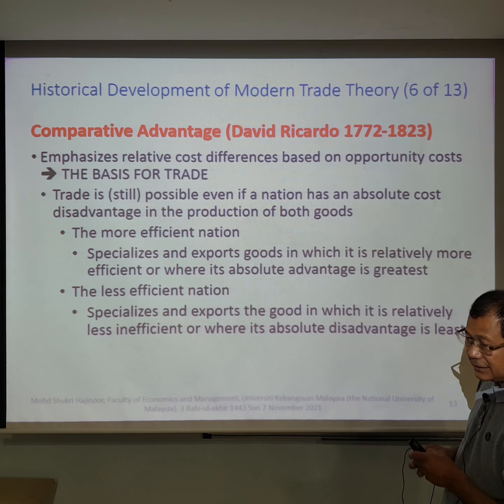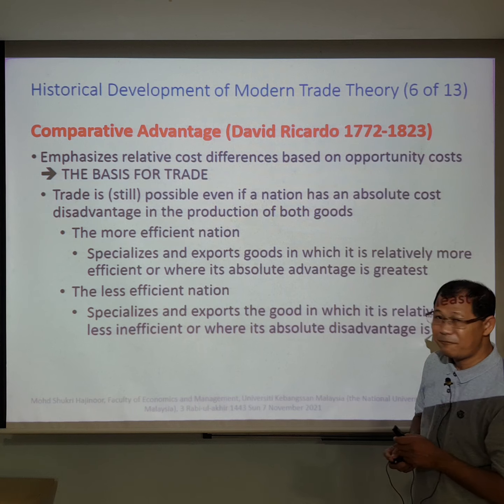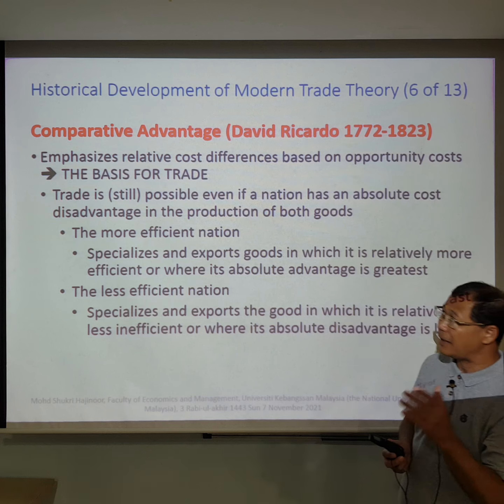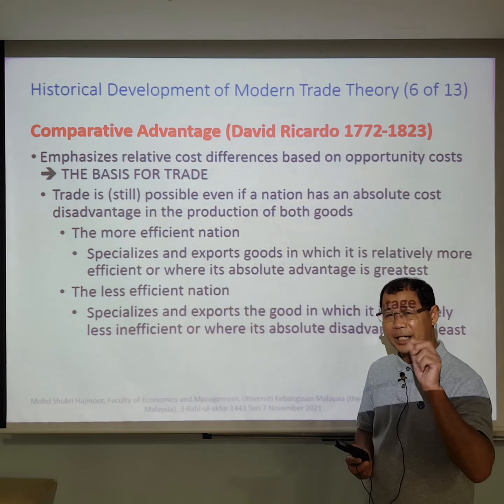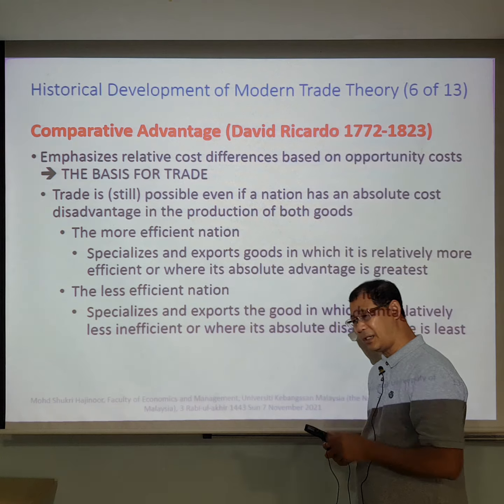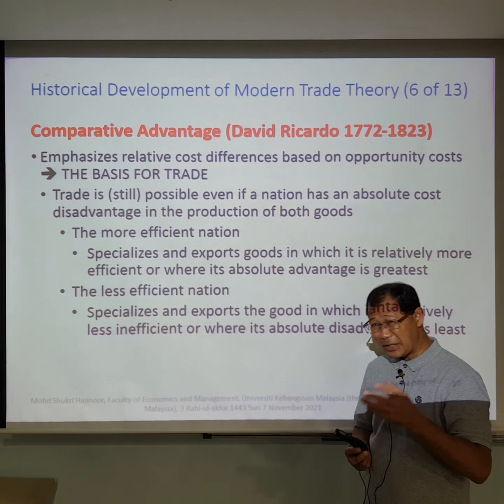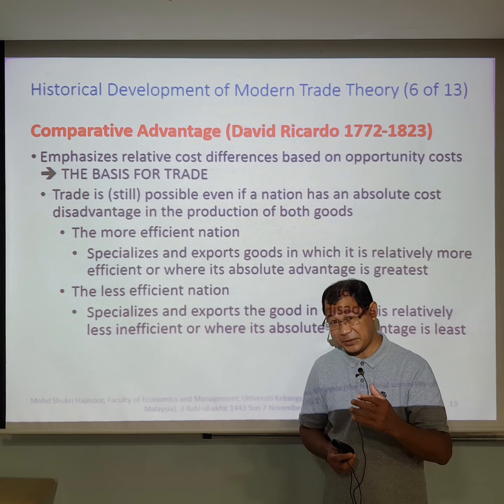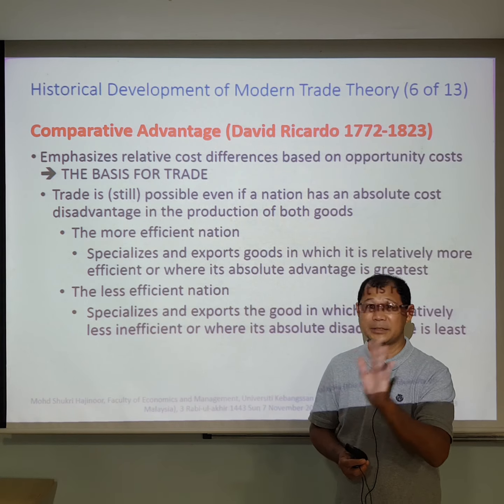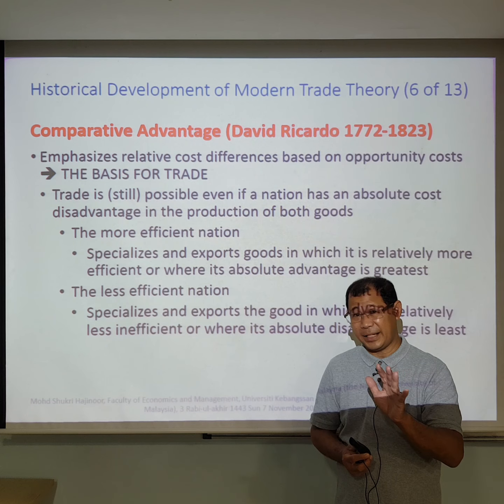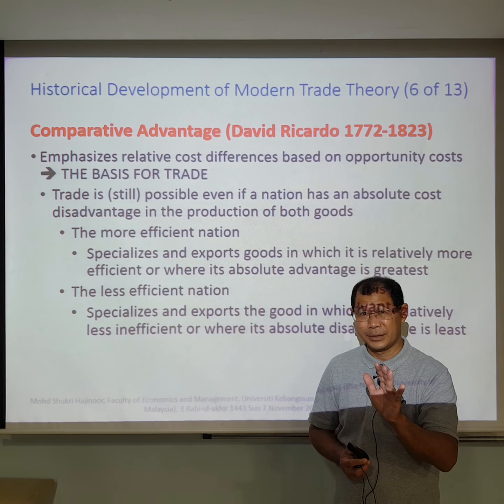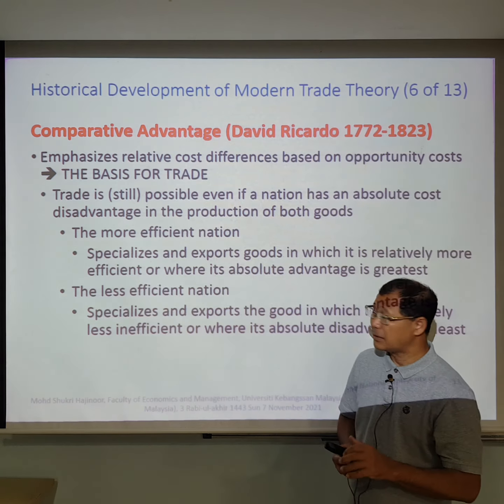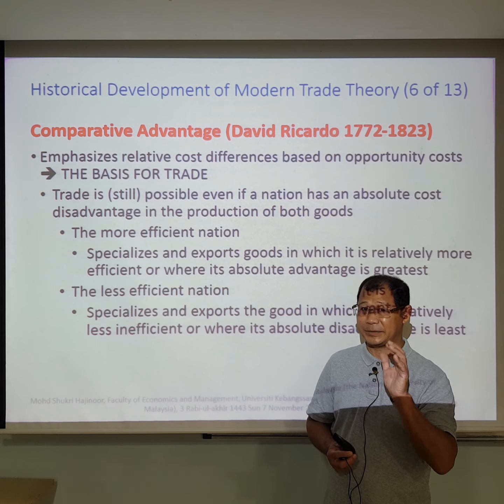So next comes David Ricardo, who emphasizes relative cost differences based on opportunity cost also. This is the basis for trade. Here comes Adam Smith, the one that I mentioned earlier, and Ricardo. According to Adam Smith, if country A has absolute advantage in both products X and Y, trade will not occur because country A does not need anyone. Country A is efficient in both products, doesn't need anyone for trade. So according to Smith, trade is not going to happen.